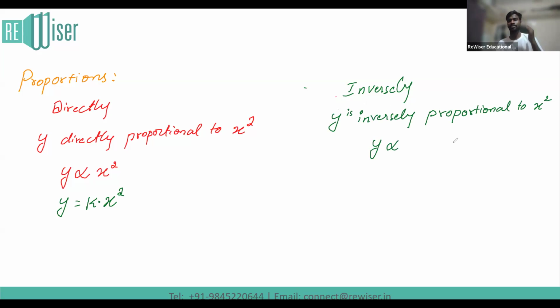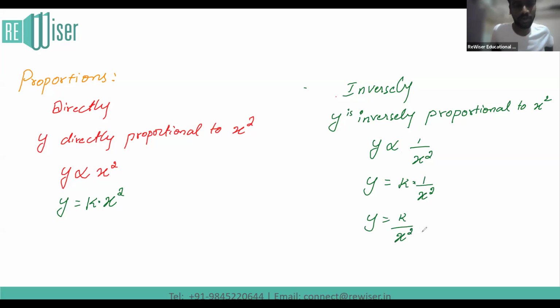Whenever it's inversely, you need to write down 1 over, so it has to be 1 over x squared. If I remove this proportionality symbol, it has to be k times 1 over x squared. That's going to give us y equals k by x squared. And here too, if they give us some point, like when y is 1, x is 2, using that we can also get the value of k by substituting it in.